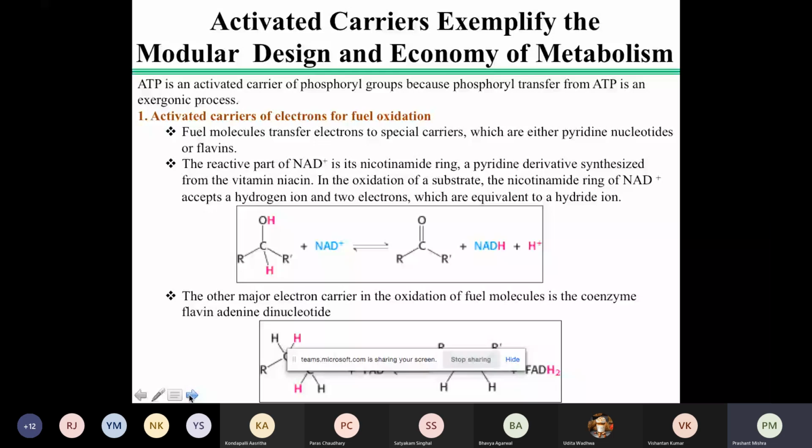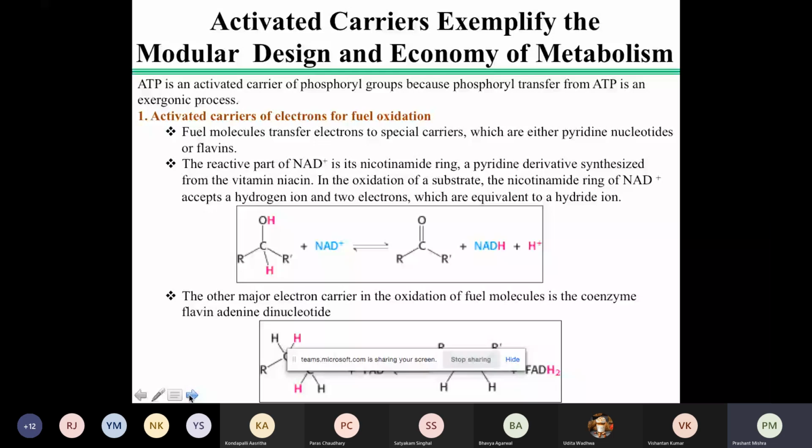So what are these molecules? Three days back in a lecture, we were talking about vitamins and coenzymes. Whenever we were talking about the coenzyme, you learned that niacin is converted into the coenzyme nicotinamide adenine dinucleotide. Another coenzyme is FAD, which comes from flavin. So these are basically coenzymes.